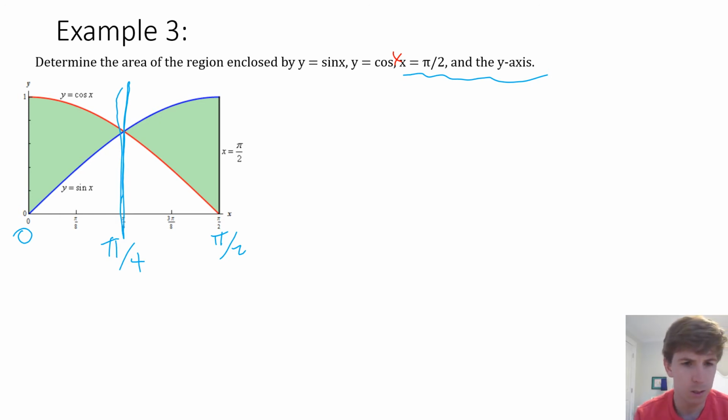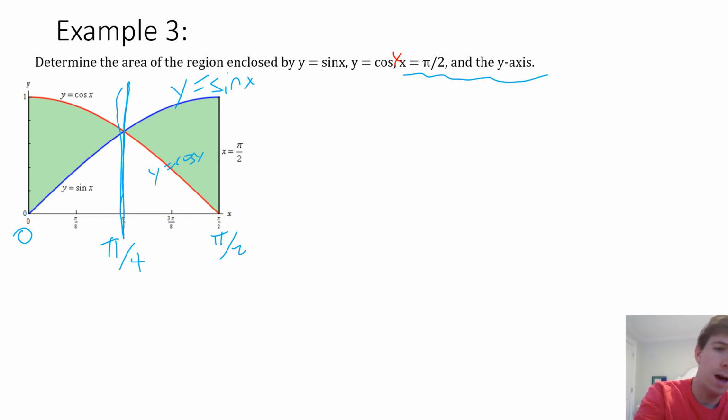And then we also notice that the upper and lower functions flip in the middle of the problem. To the left of pi over 4, cosine is the upper function, sine's the lower function. To the right of pi over 4, now sine x is the upper function and cosine x is the lower function.